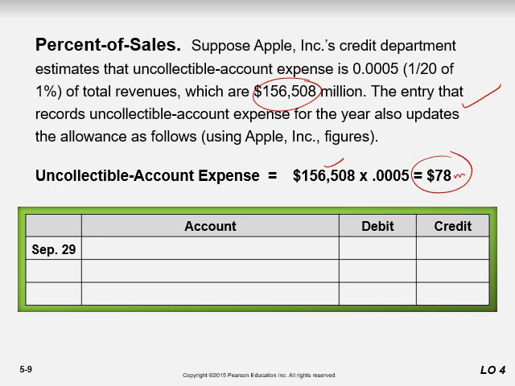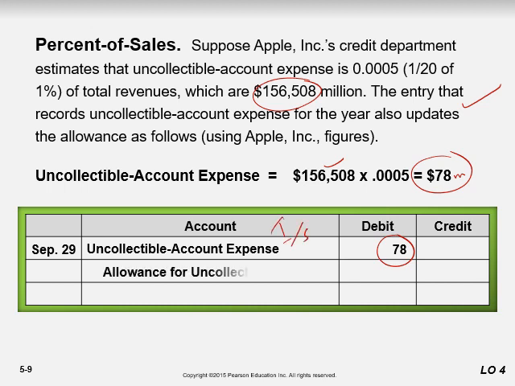So what would the entry be? The entry would be uncollectible expense, which we charge to the income statement, and allowance for uncollectibles, right? Basically we are forecasting that 78 million dollars may be lost due to customers not paying.